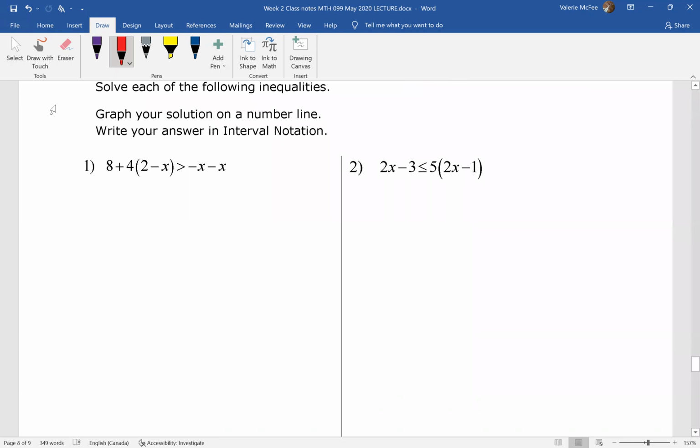So we're going to solve each of these inequalities. We're going to graph our solution on a number line and write our answer in interval notation. So remember that first step for solving an equation? Simplify each side. So we're going to use the distributive property.